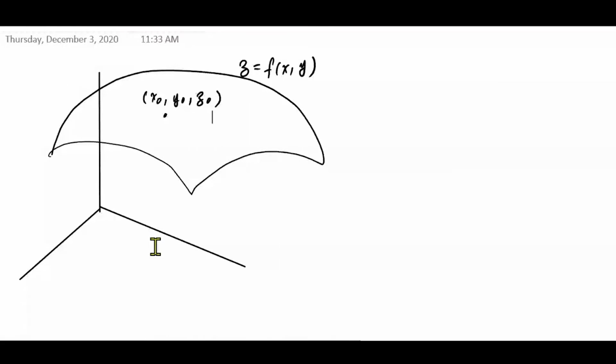Can you imagine the slope of this thing depends on the direction you're walking towards? If you're walking maybe this way, it's more downhill, but if you're going that way, it might be uphill, and that might be the most uphill from the picture it looks like. So that slope really depends on the direction. You know what I'm saying? So what are we talking about here?